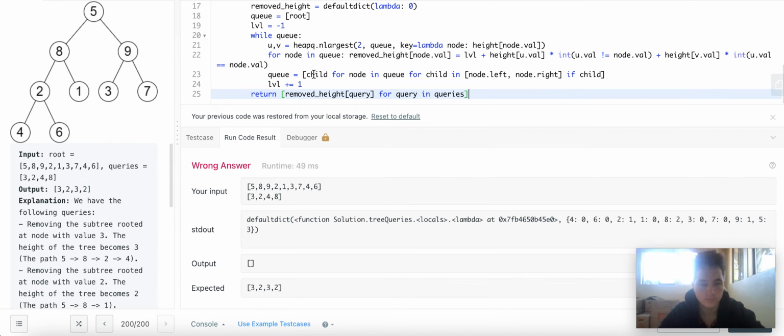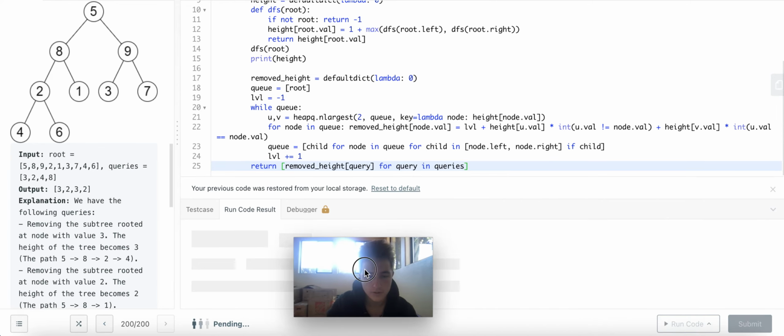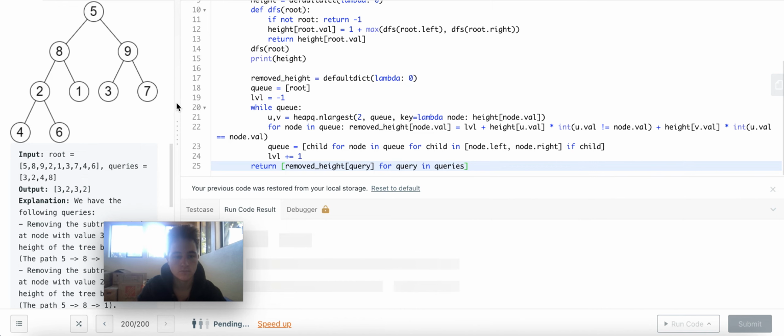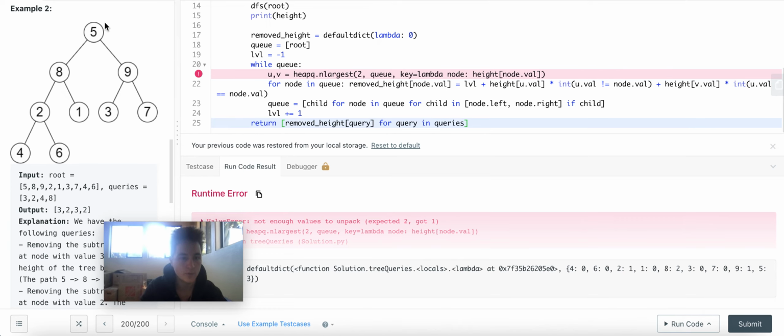Okay. Now there might be a few bugs in here. That's okay. Okay, so not enough large values to impact. So if the size of the queue is 1, then there are no 2 neighbors to look at, right? Like in this example, when we remove 5, all we have at this level is 5.